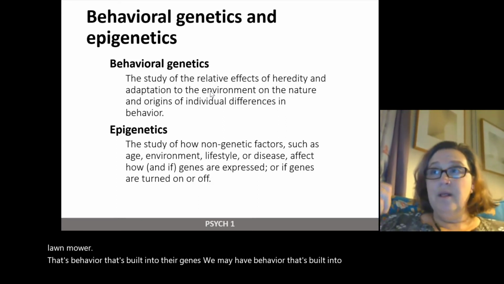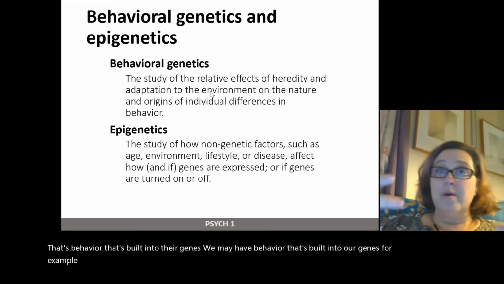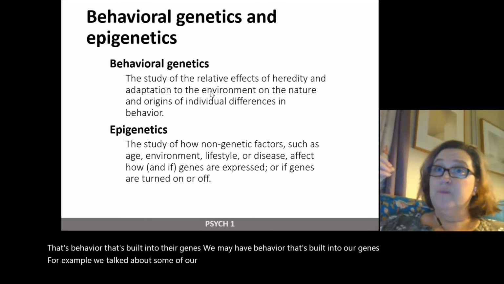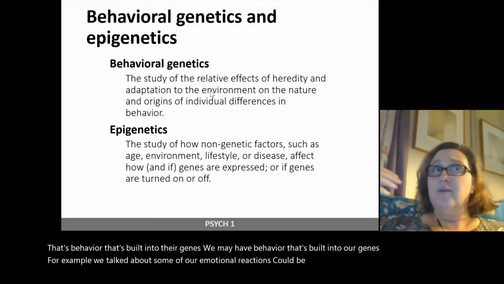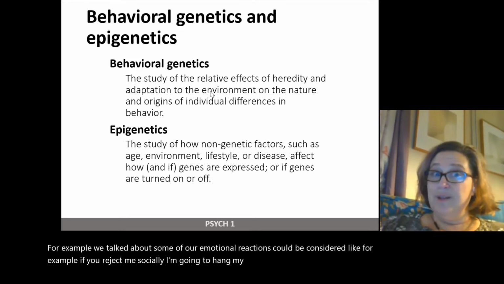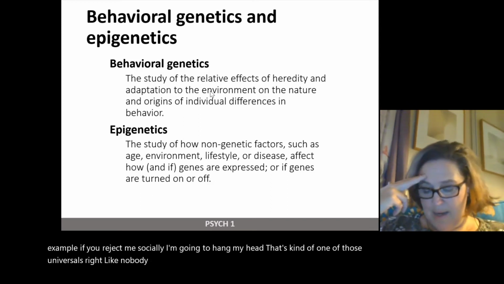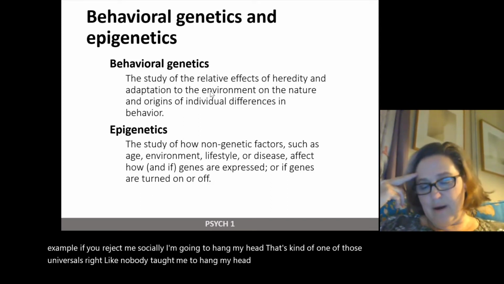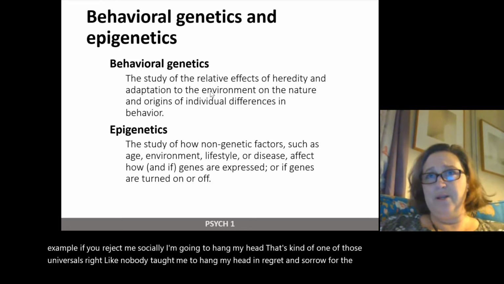For example, we talked about some of our emotional reactions. If you reject me socially, I'm going to hang my head. That's kind of one of those universals, right? Nobody taught me to hang my head in regret and sorrow for the thing that I said that made you reject me.